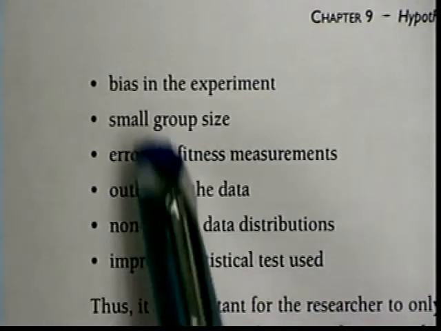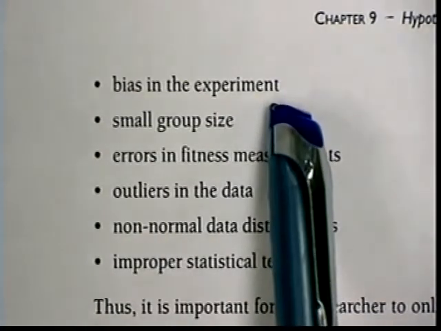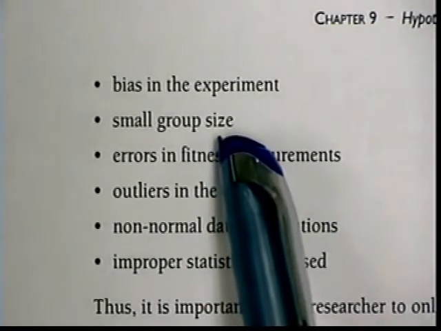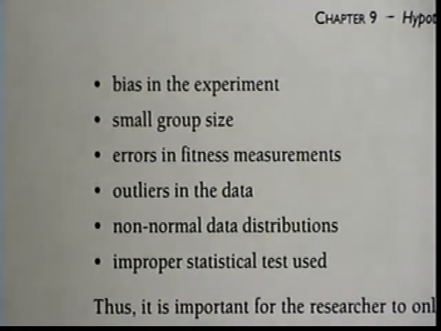Reasons why we wouldn't find a difference: there's a bias in the experiment. There's a small group size. If the group was too small, we're not going to find a difference. There might have been some errors in the measurements that we used. There might have been some outliers.